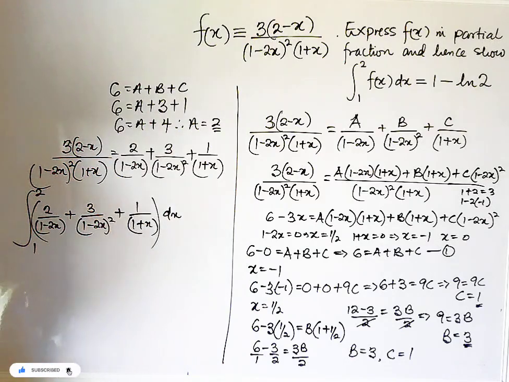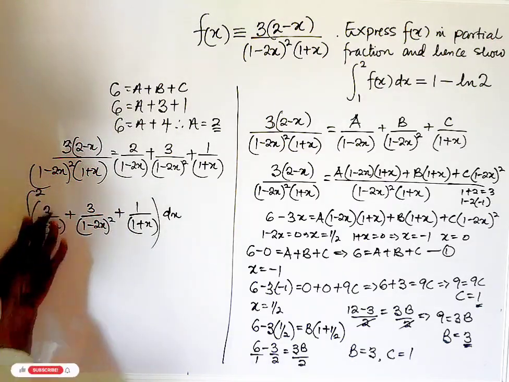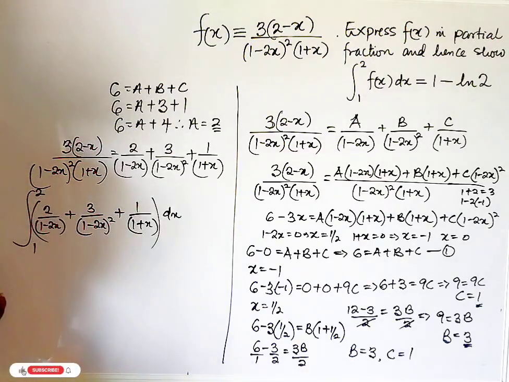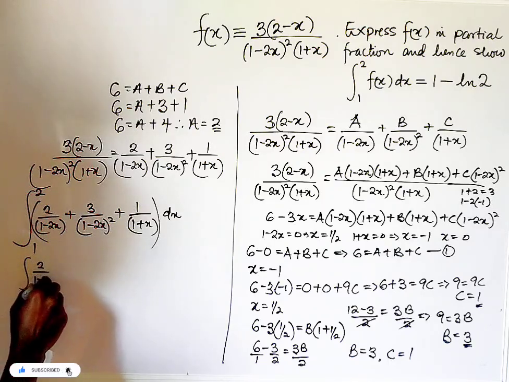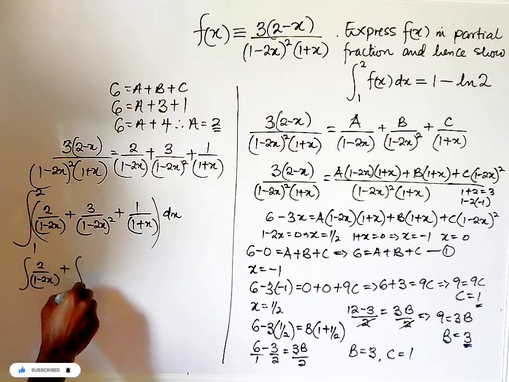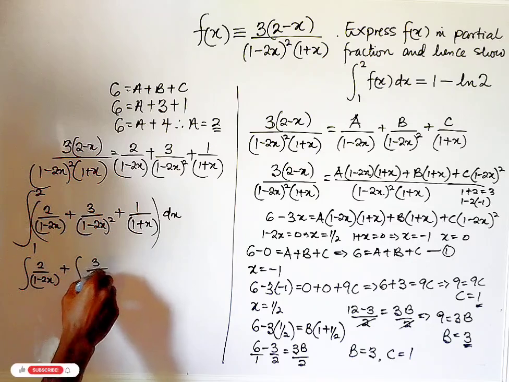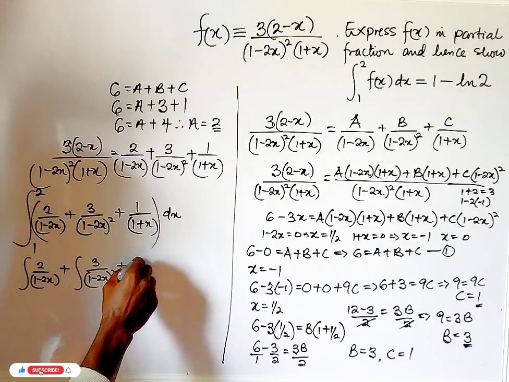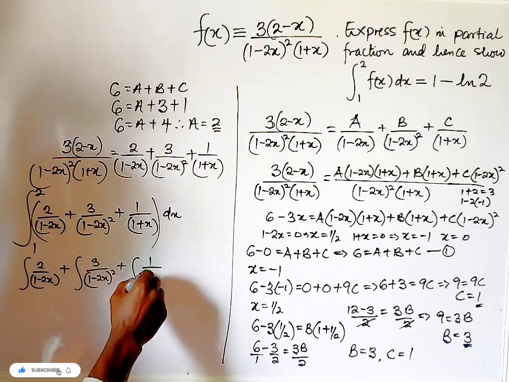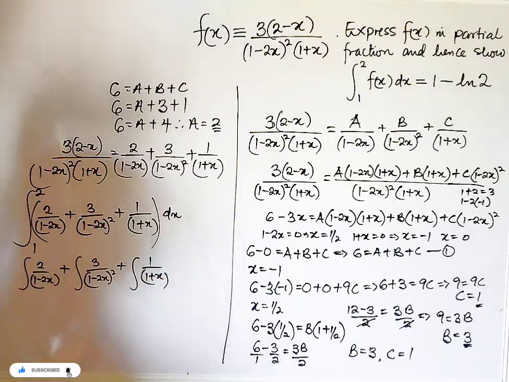Okay, now first of all, let's put aside the upper limit and lower limit. Let us have the integral of 2 all over 1 minus 2x, then plus the integral of 3 all over 1 minus 2x all raised to the power of 2, then plus the integral of 1 all over 1 plus what?